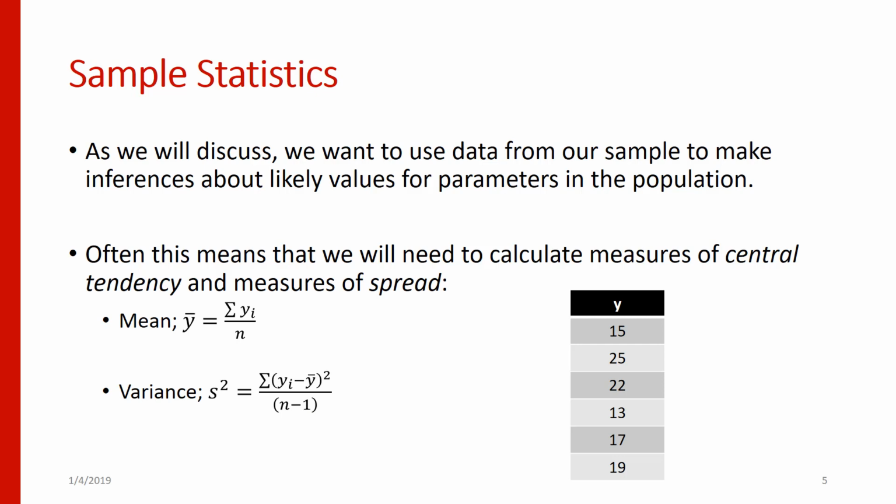But for now, just take it as given that it's n minus 1. We're going to take, again, each y minus the mean. So we'd have to calculate the mean of these 6 numbers, and then we would calculate a difference. So we would take y1 minus the mean: 15 minus the mean, 25 minus the mean, 22 minus the mean, and I'd end up with 6 deviates, and those deviates are the difference between each score and the mean.